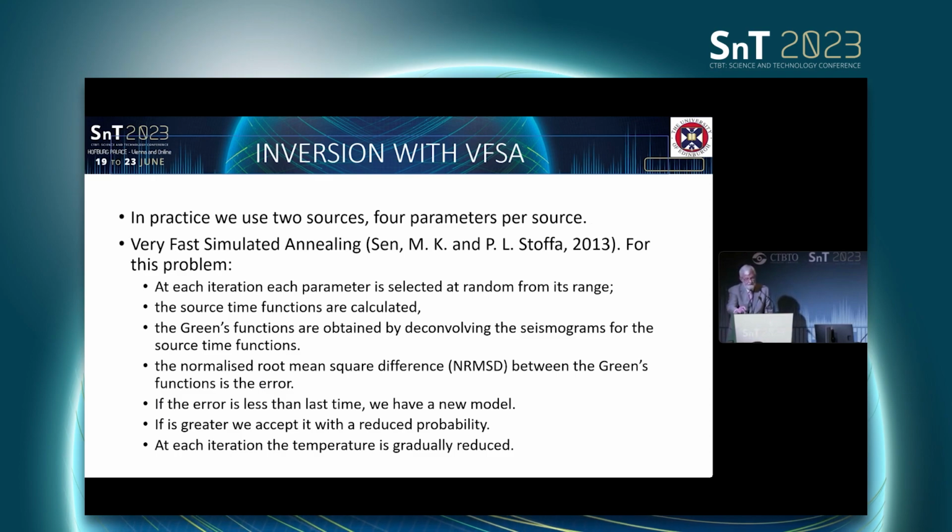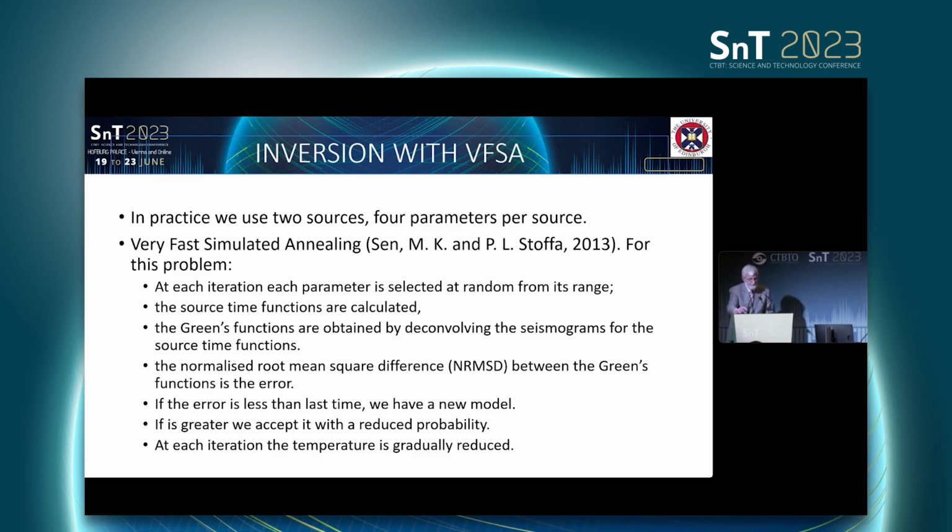So I mentioned very fast simulated annealing, and it's described very well in the book by Sen and Stoffa. So basically what we do at each iteration, each parameter is selected at random from its range, and you have to define the range. Then you can calculate the source time function.